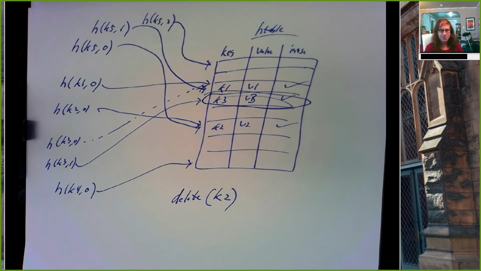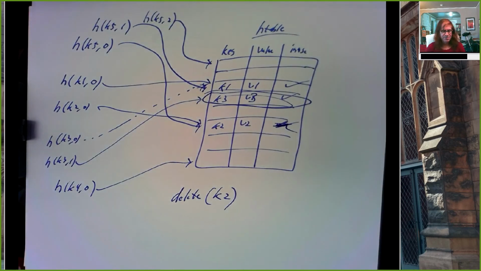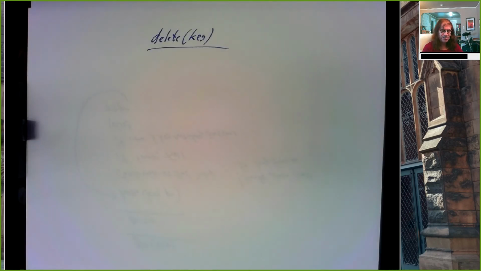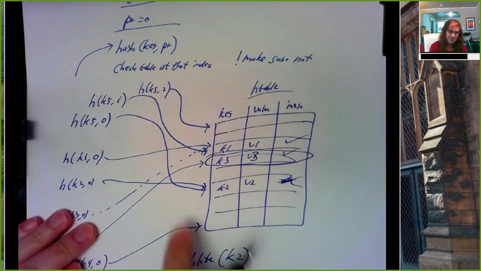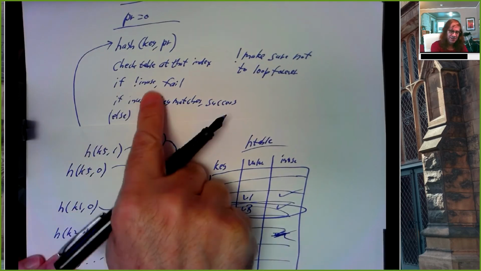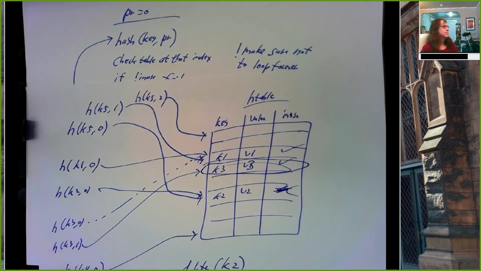Change the in-use field. If I clear that out, now when I try to search for key 2, I'm going to hash it, come down to this location, check the in-use. In-use is clear. It's not in the table. That works great.